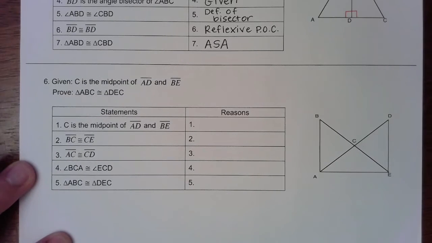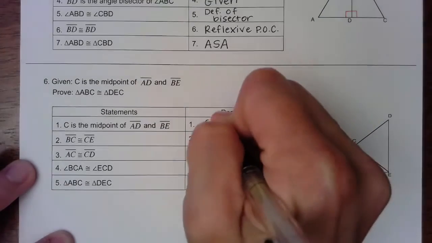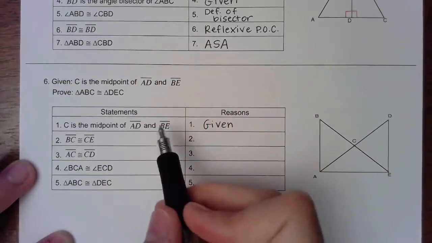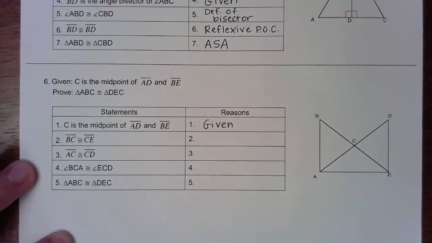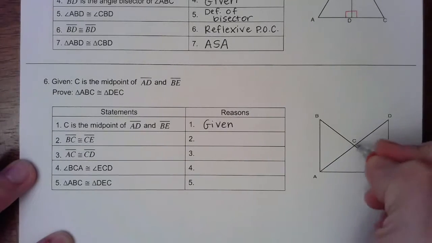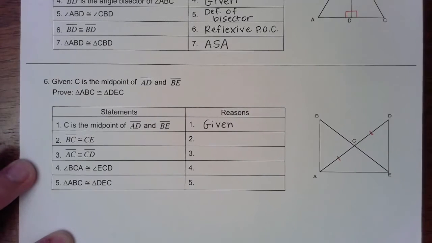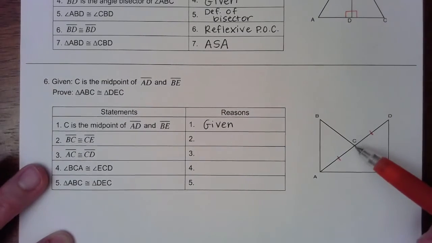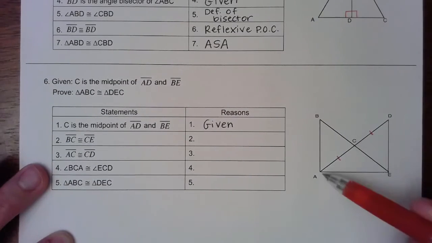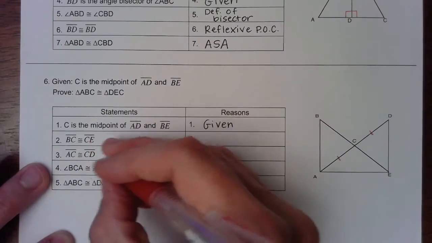And on question number 6, you're given that C is the midpoint of both AD and BE. So this is actually two things that are given, but it's all wrapped up into one. So if C is the midpoint of AD, that would mean that this piece was congruent to this piece. If C was the midpoint of AD, AC would be congruent to CD, so that would be this one right here.